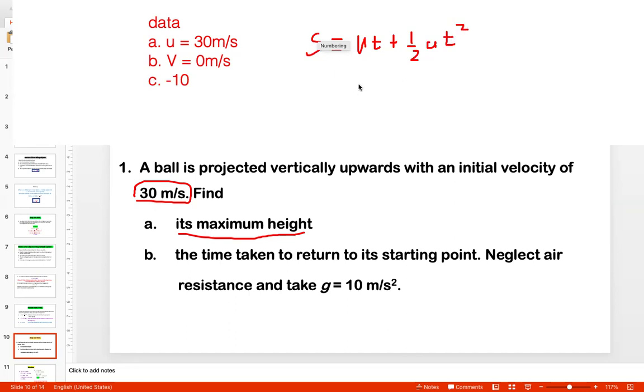Where our initial speed is here, but do we have the time? No, we do not have the time. So we can go to the other formula, which involves speed and distance, which is v squared is equal to u squared plus 2as.